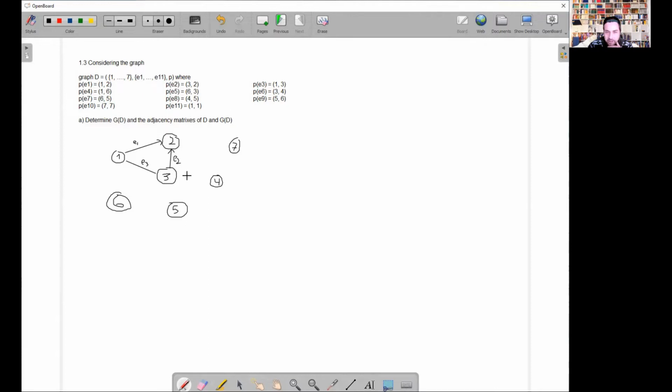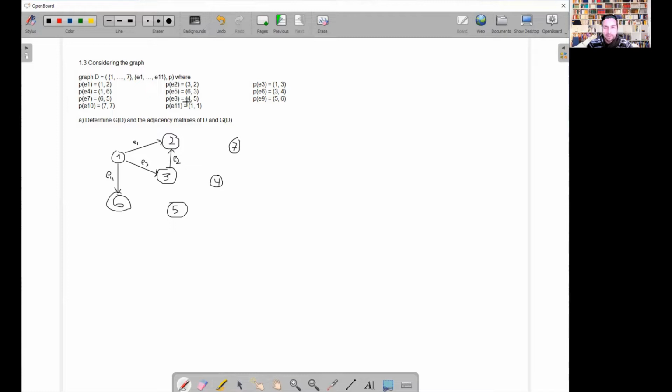In E3, it links 1 and 3, so the final node is 3. For E4, it links 1 and 6, so the final node is 6, and this is E4.